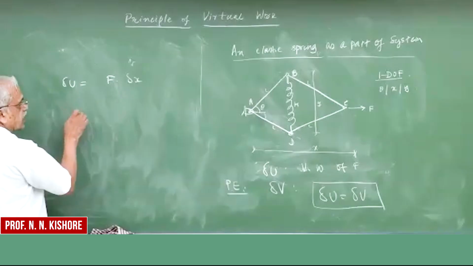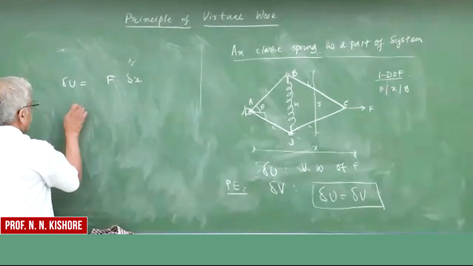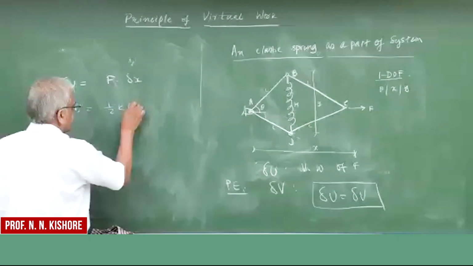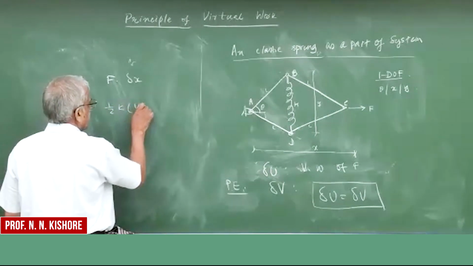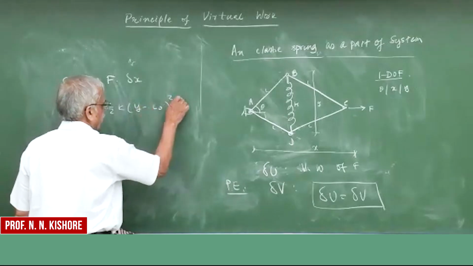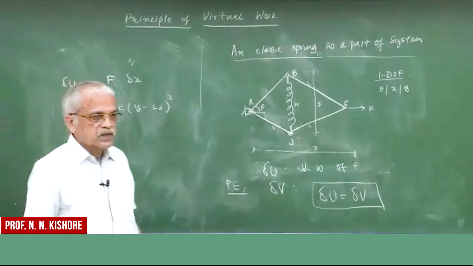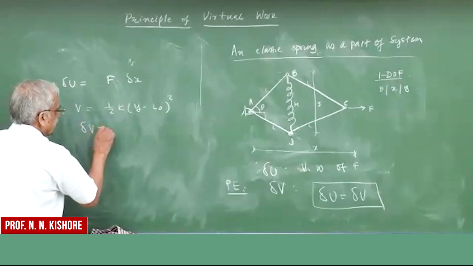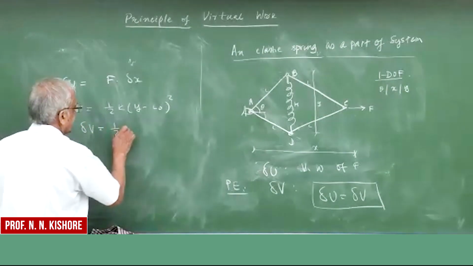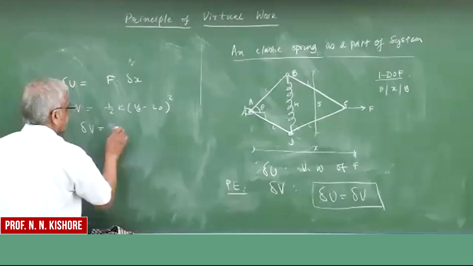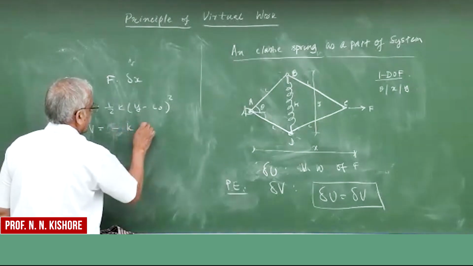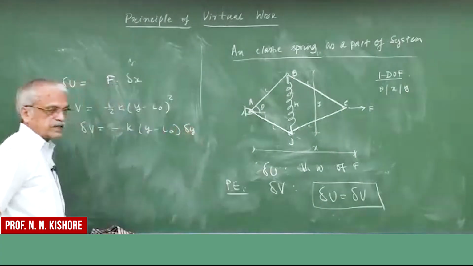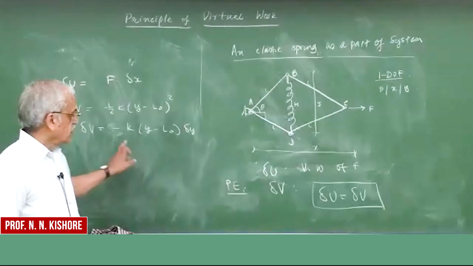So V is half K, and here we write it as Y minus L naught, squared. So this is the potential energy. So the change in the potential energy is, the half gets cancelled, and this K, the Y. Do you agree?